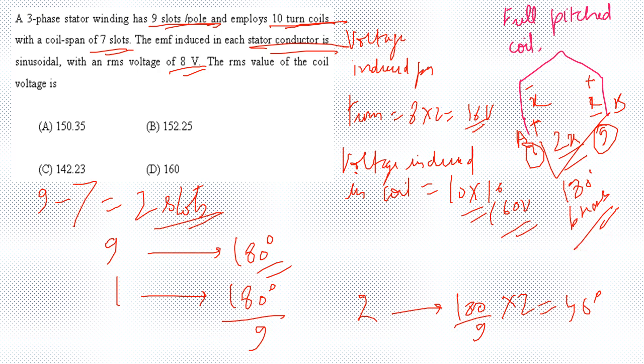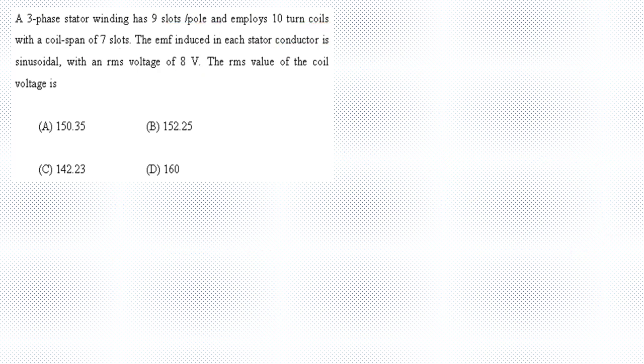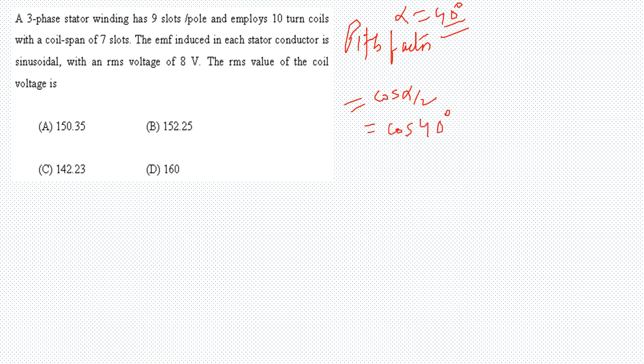Now we can calculate the pitch factor. The pitch factor is equal to cos alpha by 2, where the angle alpha is equal to 40 degrees. So it is cos 40 degrees by 2, so it will be cos 20 degrees.